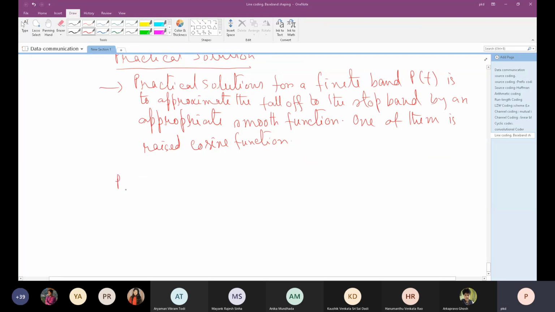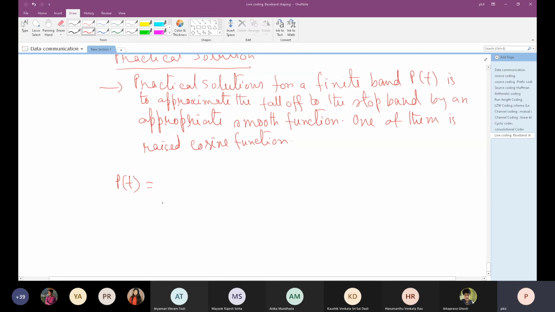Various ways are possible. Even a Gaussian function is possible, because we know that the Fourier transform of a Gaussian waveform, a exponential multiplied by a complex exponential, will give rise to another exponential function that is also Gaussian in nature. Of course, its sigma will vary. According to some uncertainty rules, the sigma will vary, but the nature will be Gaussian.